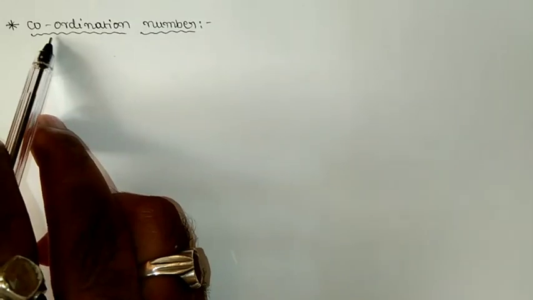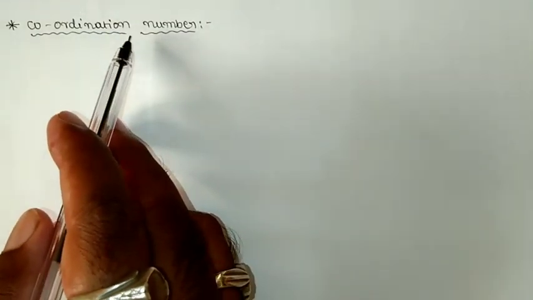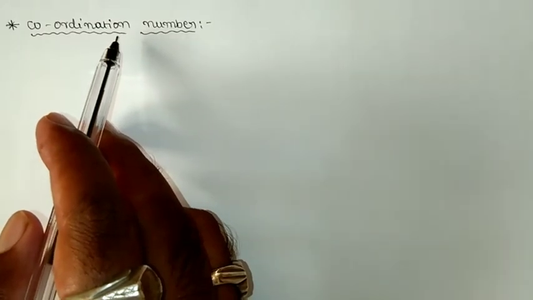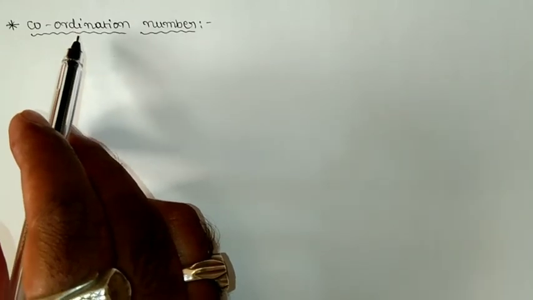So firstly we shall go with the term coordination number. See, the heading itself will give you some hint regarding the core meaning of this particular topic, that is coordination number.